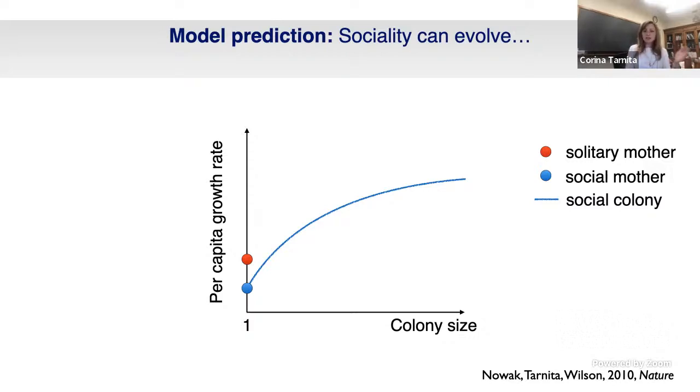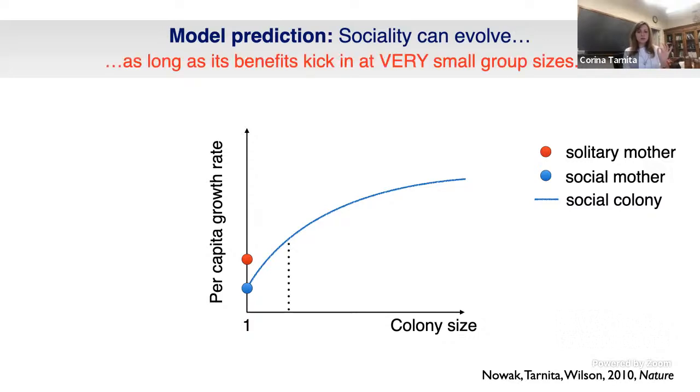Now the prediction of the model had several aspects, and all of the benefits and costs have to align really well. There's a pretty narrow window where eusociality can evolve. But the more important part of the prediction, which actually worried me quite a bit at the time because I wasn't even sure exactly how to think about it, was that no matter what your benefits and costs were, the most important thing was that those benefits had to arise at very small group sizes.